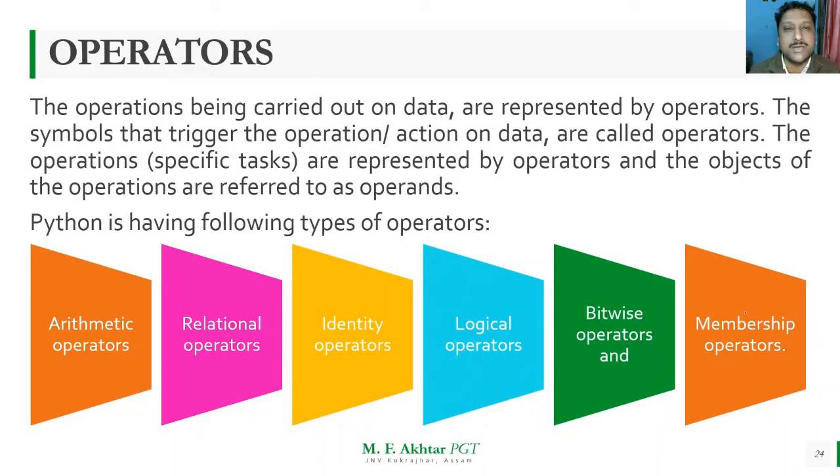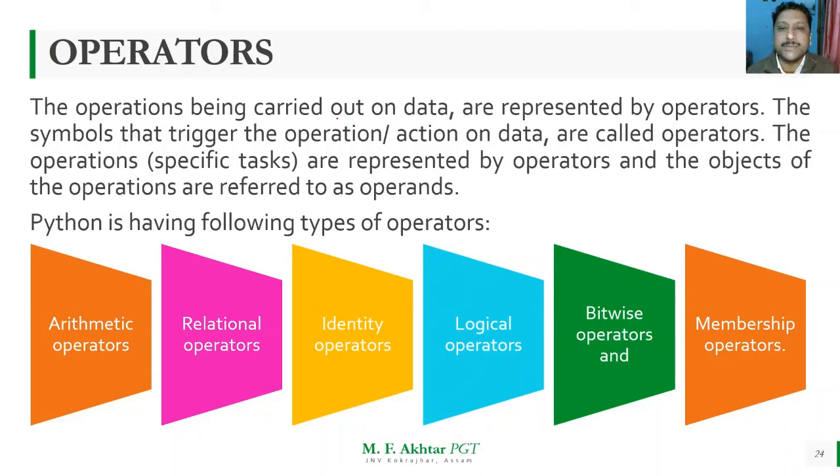If it is string type, we cannot do arithmetical calculation, but we can do some other types of operations. So data types define which type of operation can be performed on which type of data. Similarly, operators allow us to do particular operations on data, and depending on the type of data, the operators change their behavior. We will see that later.